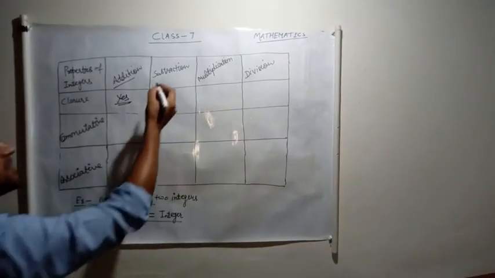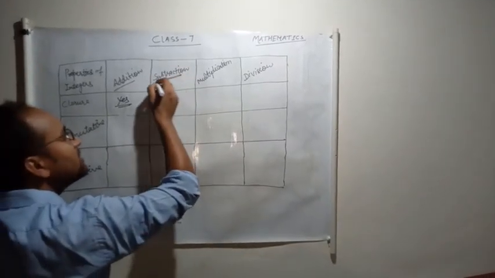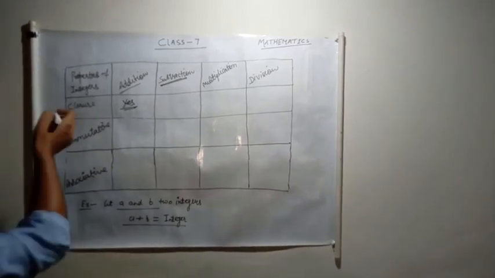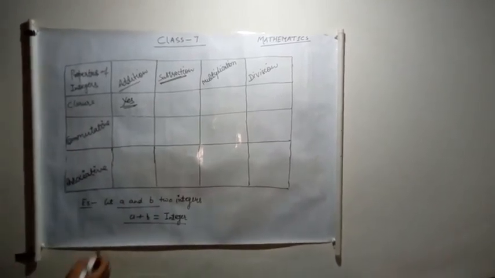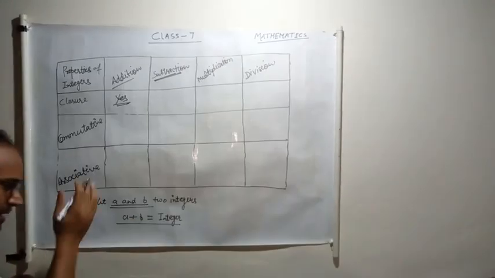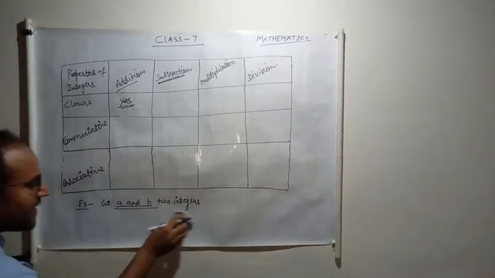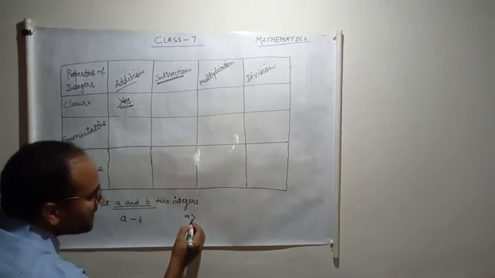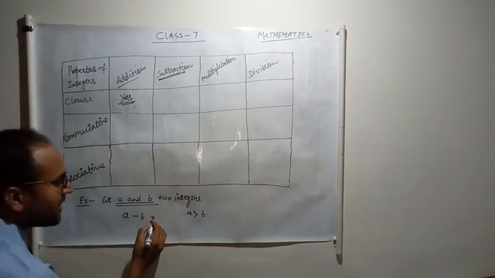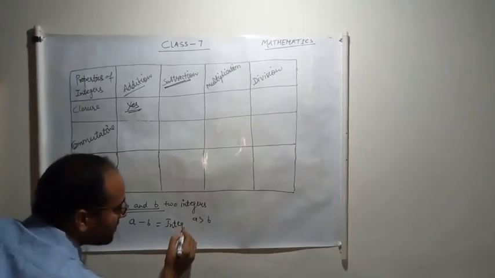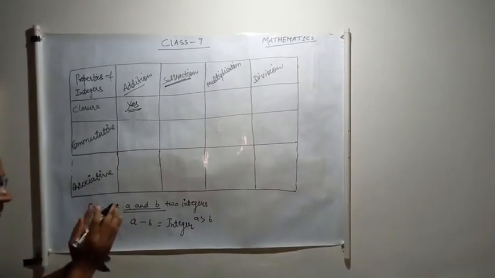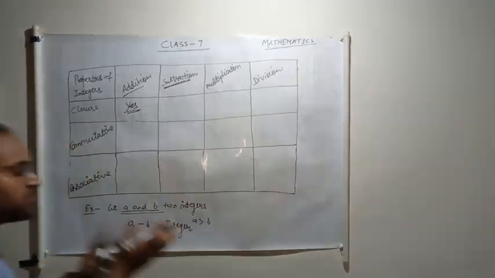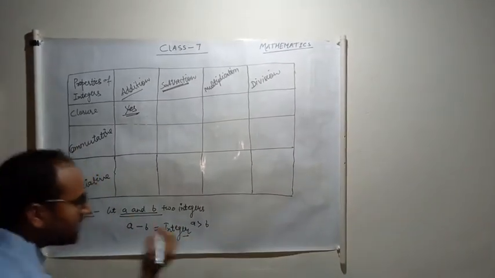The second one is subtraction. We are going to discuss whether subtraction holds for closure or not. It is also very easy. I have taken a and b, the same integers. If we subtract a minus b, if a is greater than b, we also get an integer, meaning we get a member which belongs to the same family, that is, integer.